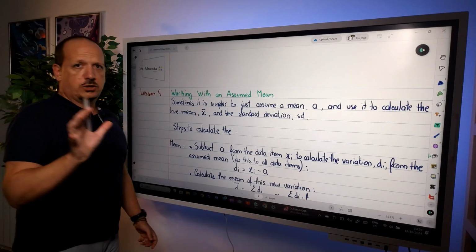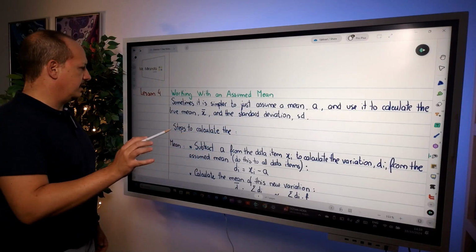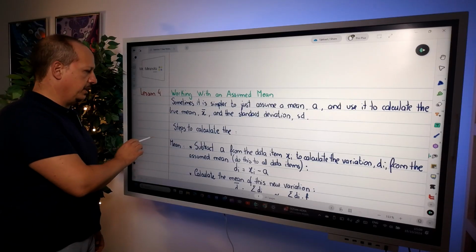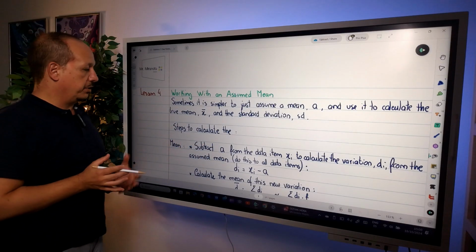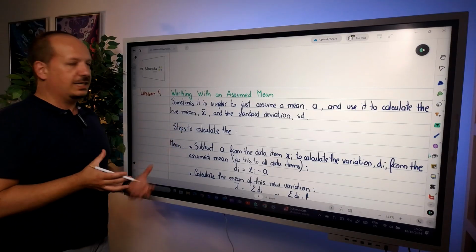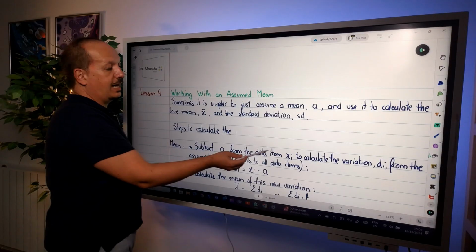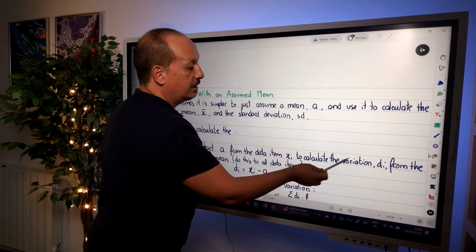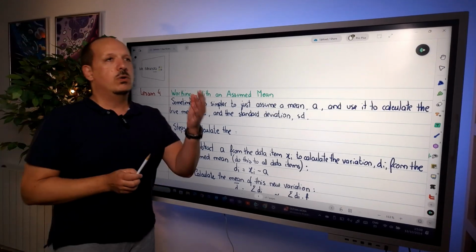It's possible to calculate the true mean and the standard deviation by following these steps. First, for the mean. You already have the assumed mean. You figured it out yourself. You attributed that value yourself. So you have to subtract A from the data item xi to calculate the variation d from the assumed mean. So what does this mean?